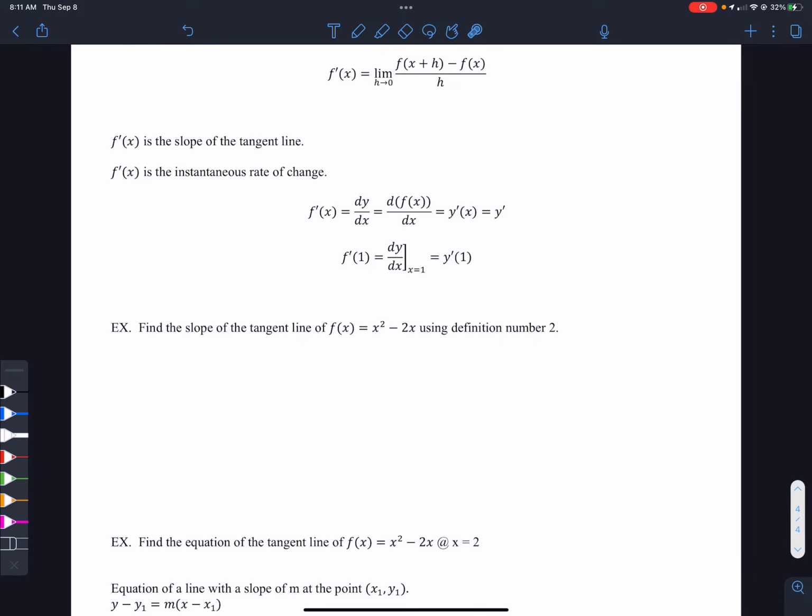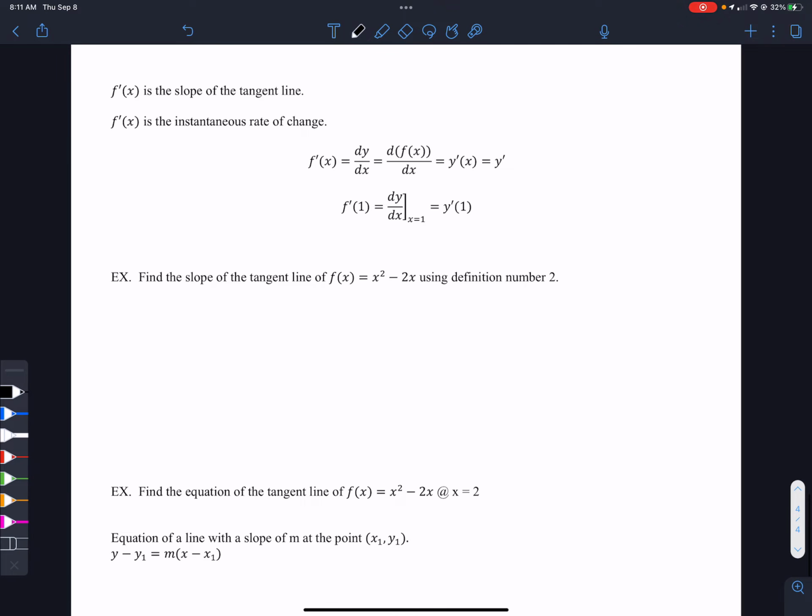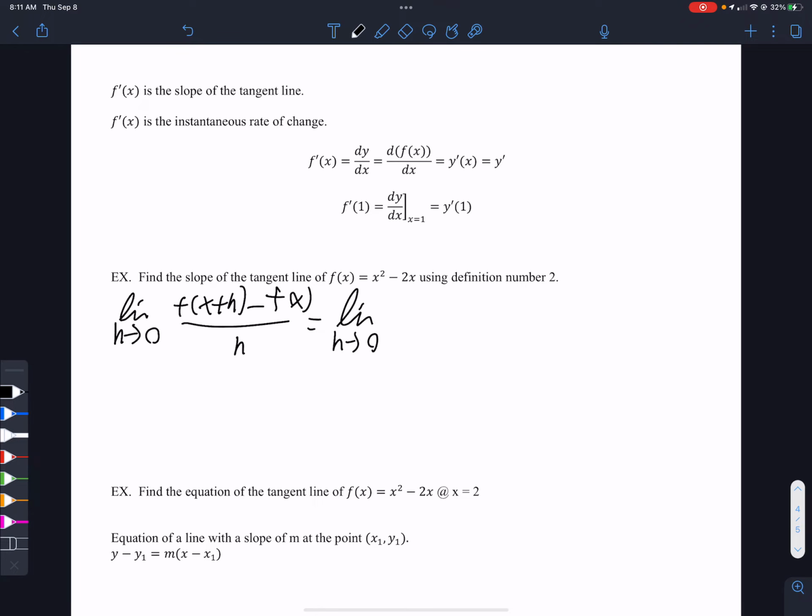The first one, what is the slope of the tangent line using definition number 2? Definition number 2, the second one we gave you, is this. The limit as h approaches 0 of f of x plus h minus f of x over h. We're going to plug in what we know. This one's going to be a little trickier, not as nice as the other one. x plus h, I plug in for each x.